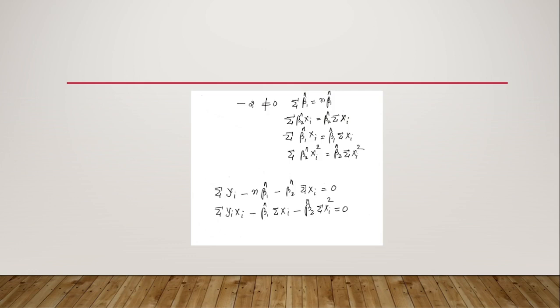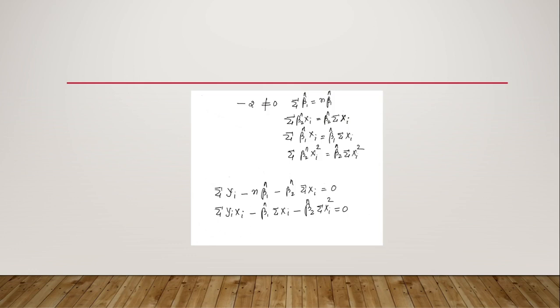So the two equations can be written like this. Sigma yi minus n beta 1 hat minus beta 2 hat into sigma xi is equal to 0.